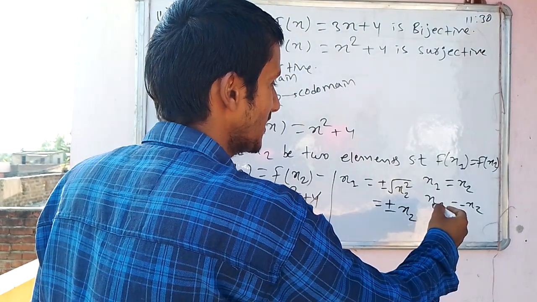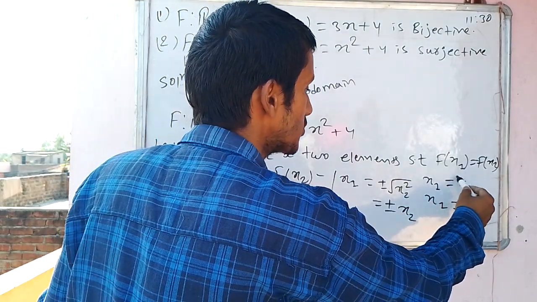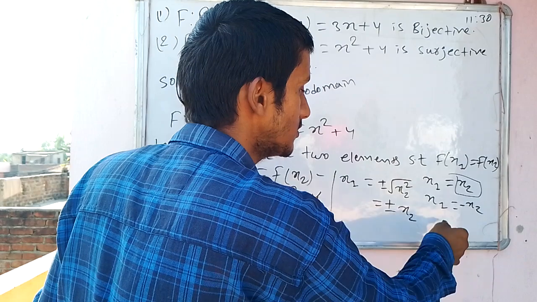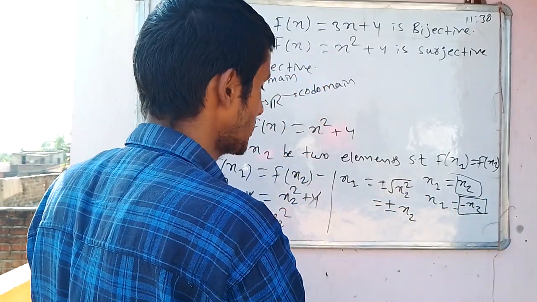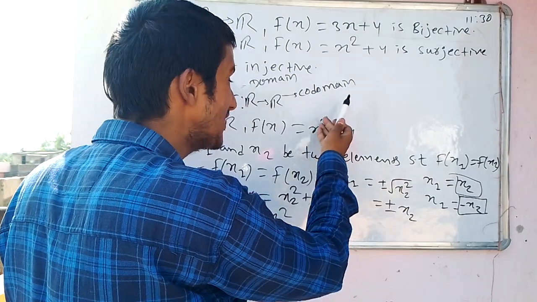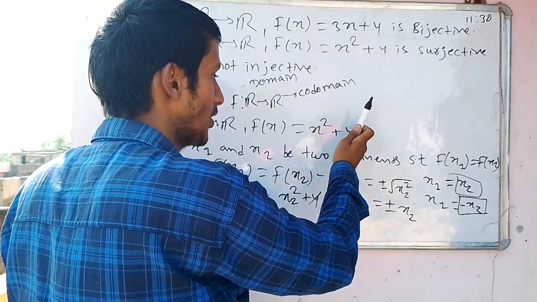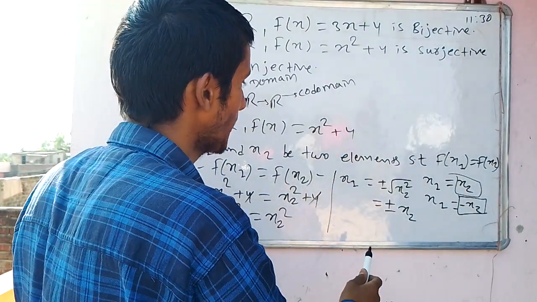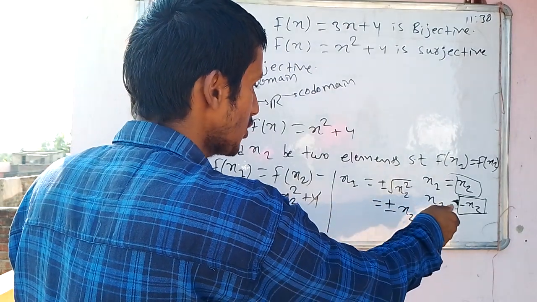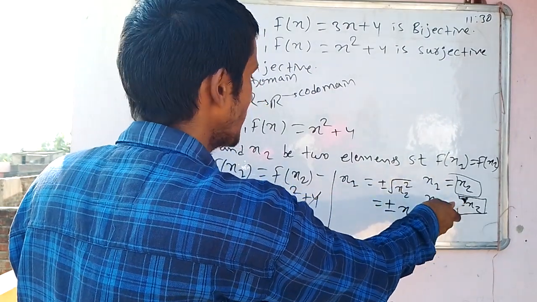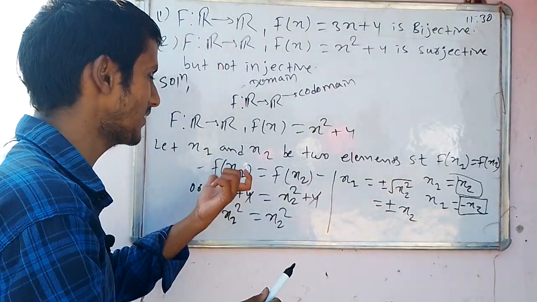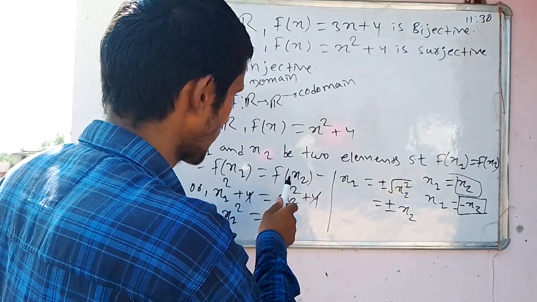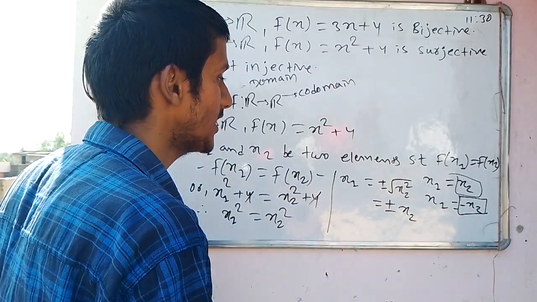They are both squared, and then you add 4. So if we plug those into this function, both of them will give you the same answer. F of x1 and f of x2 will be the same.